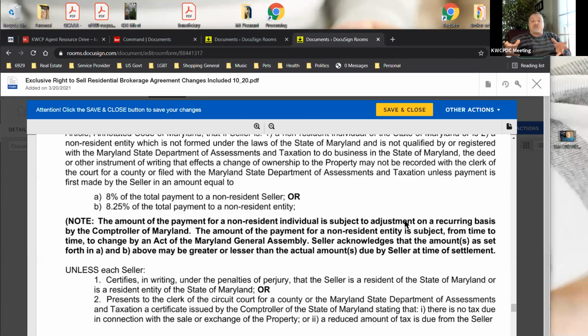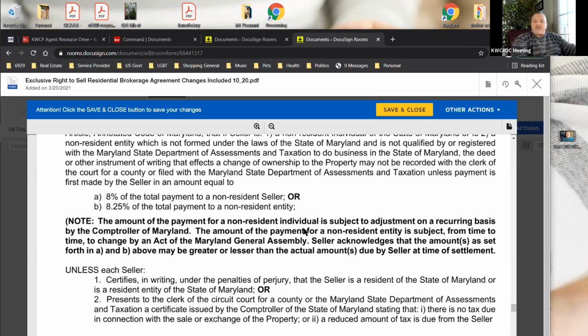So this becomes an issue when you've sold a property to a client. They later decide to move out of the property, and let's say they move to Oregon or wherever, and they still own the property here and they're renting it out. They've now lived out of state for a number of years, and they now decide it's time to sell the property.